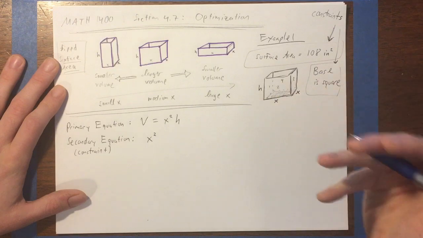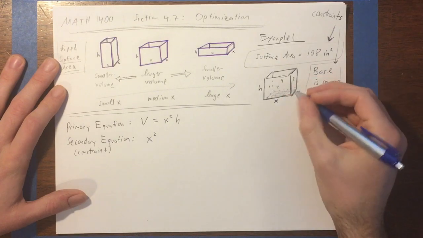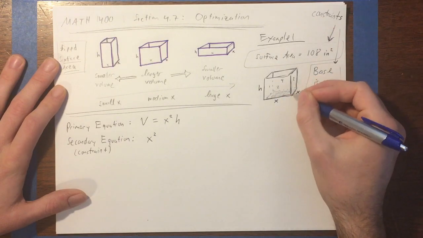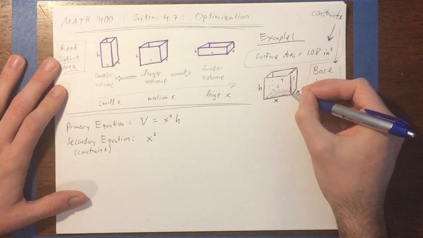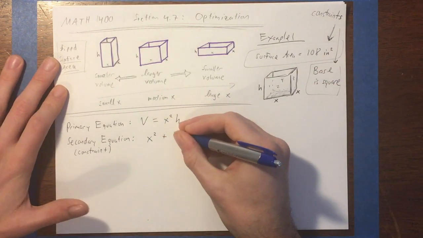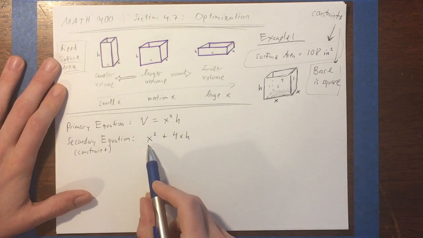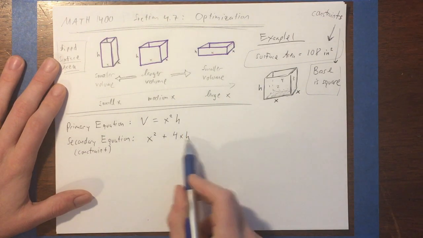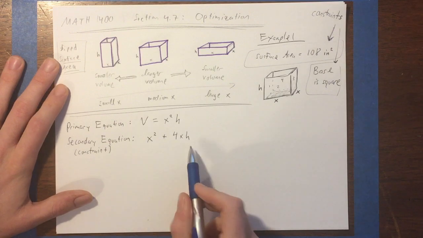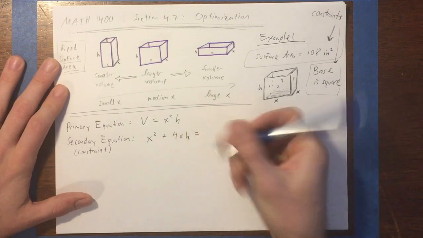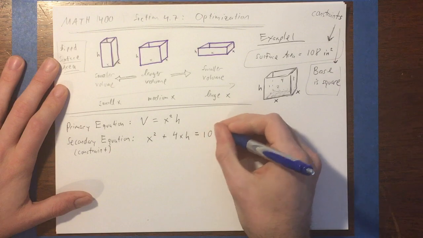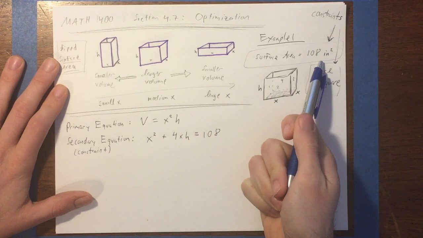And those sides are all the same area because they're all a rectangle with a base of length x and a height of length h. So I'm going to write plus 4xh. So that's the base of the box plus the four sides. Adding up all those areas is our surface area, and so that has to equal 108 due to this constraint.